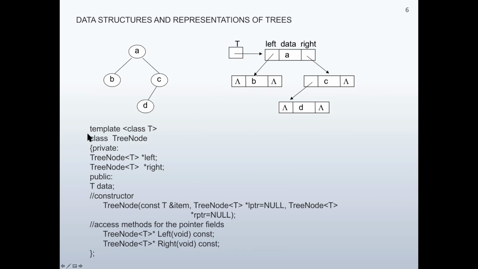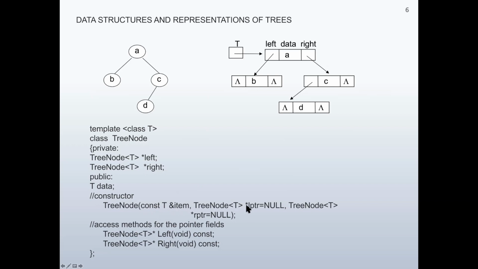This is the template declaration of the tree-node class. In the private part, we have the link fields left and right, which are pointers to the tree-node of type T nodes. In the public part, we have data of type T. This is the constructor having the same name as the class. And we have parameters item to be stored in the data field.